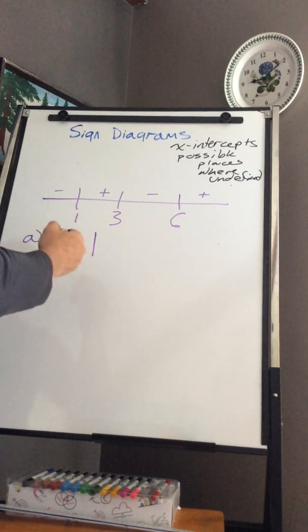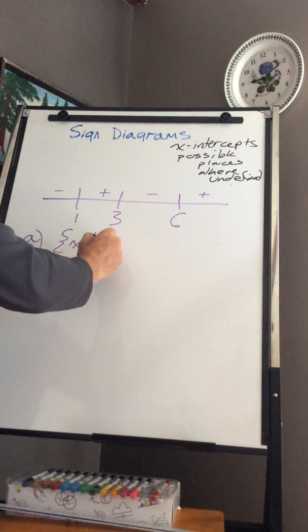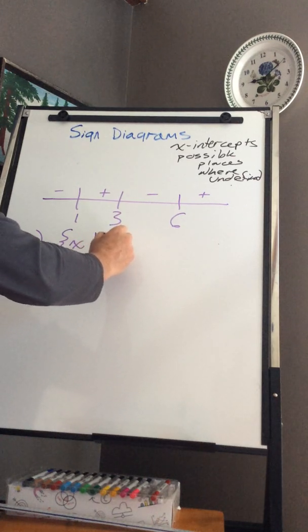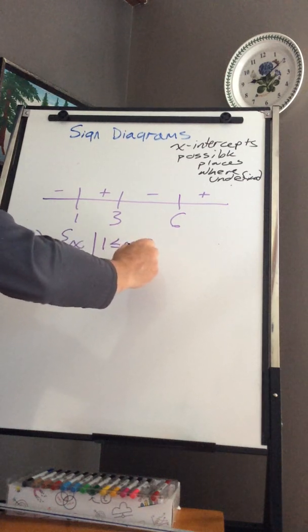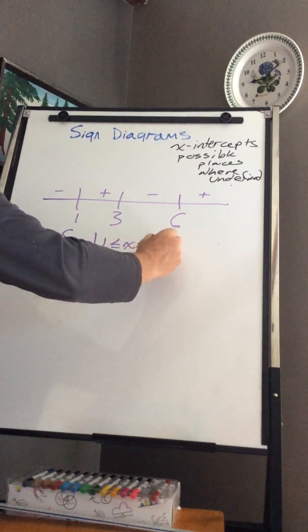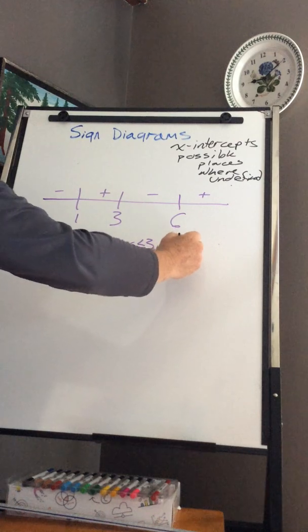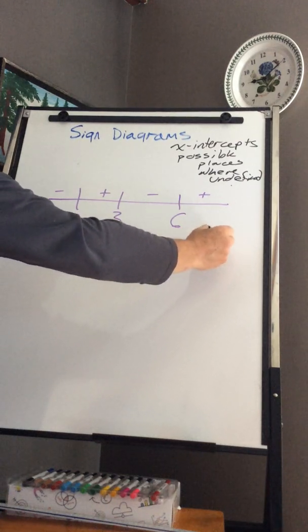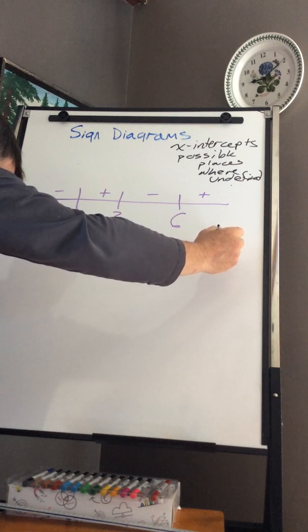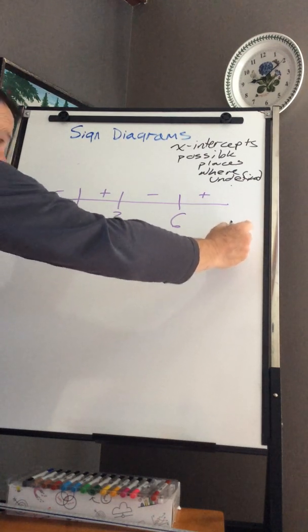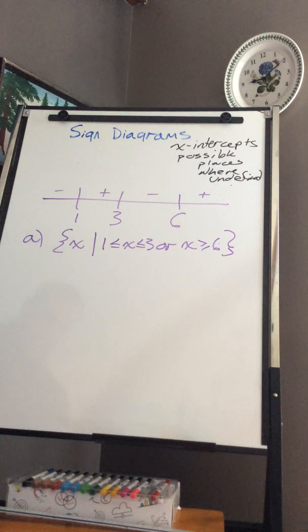And it's greater than 0 between 1 and 3, or greater than 6. Okay? That's it. That's our interval notation for that.